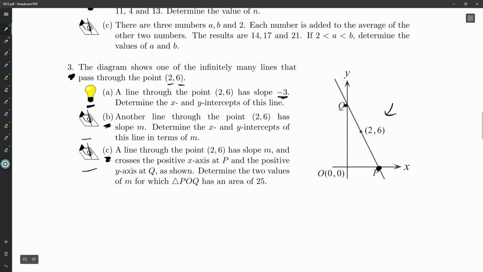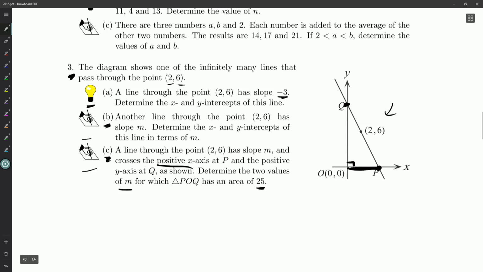Now C part. A line through the point (2, 6) has slope m and crosses the positive x-axis at P. So they're telling me the x-intercept is positive, and the positive y-axis at Q as shown. So also the b value, the y-intercept is positive. Determine the 2 values of m for which POQ has an area of 25. The nice thing about POQ is it's right-angled.